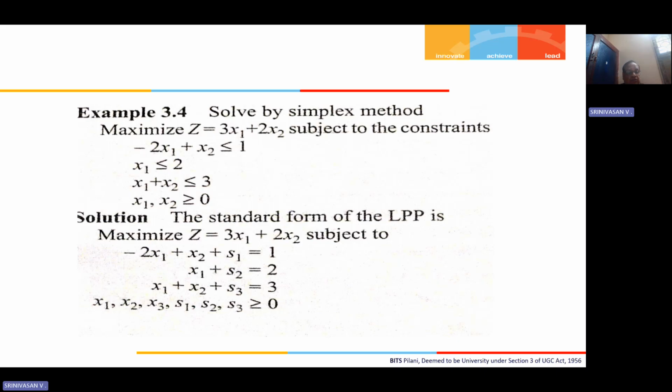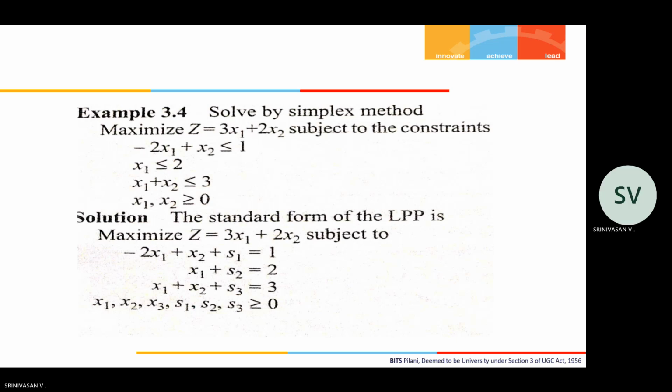Maximize Z equal to 3x1 plus 2x2, subject to the constraints, minus 2x1 plus x2 less than or equal to 1, x1 less than or equal to 2, x1 plus x2 less than or equal to 3, x1, x2 greater than or equal to 0. Okay.